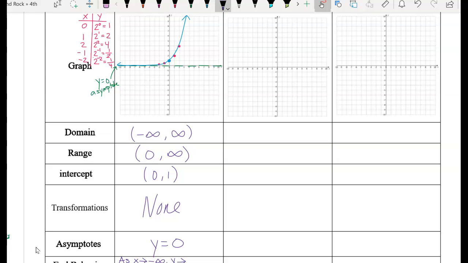But I love that you chose to do goes to negative infinity first. That's the statement that I would have written first as well. I always like to go to the left first, and then I go to the right. And then what's our second end behavior statement, Sebastian? As x goes to positive infinity, y goes to positive infinity. Exactly, yes.